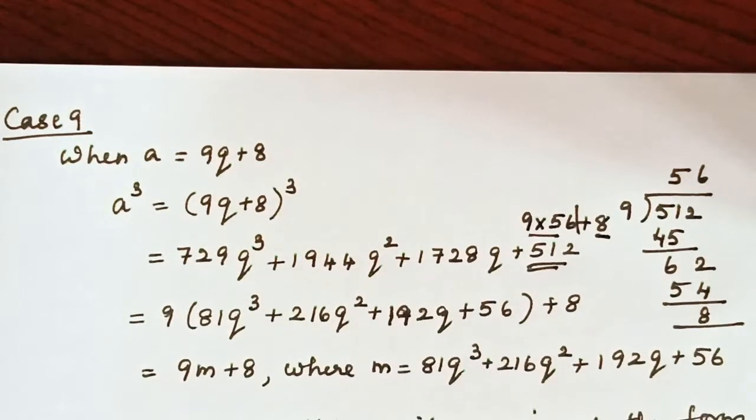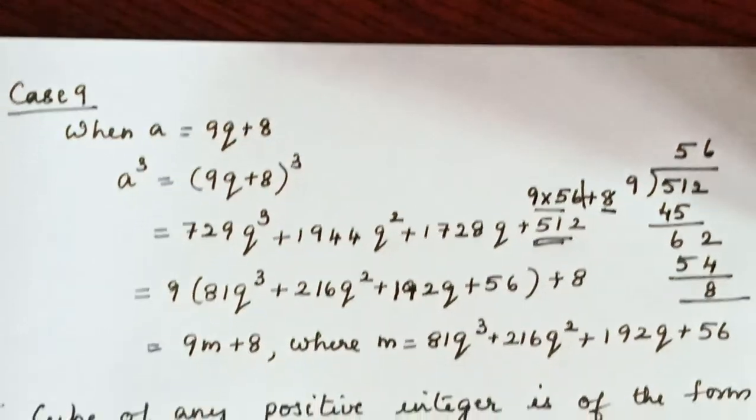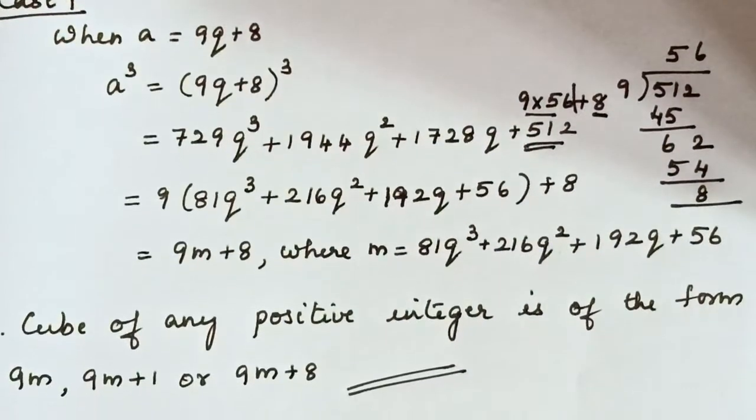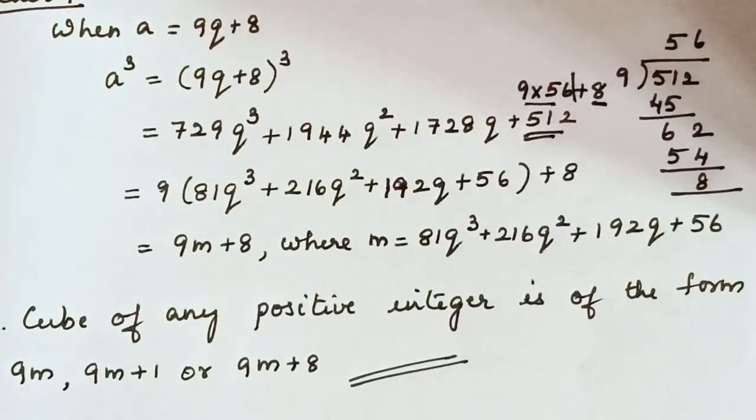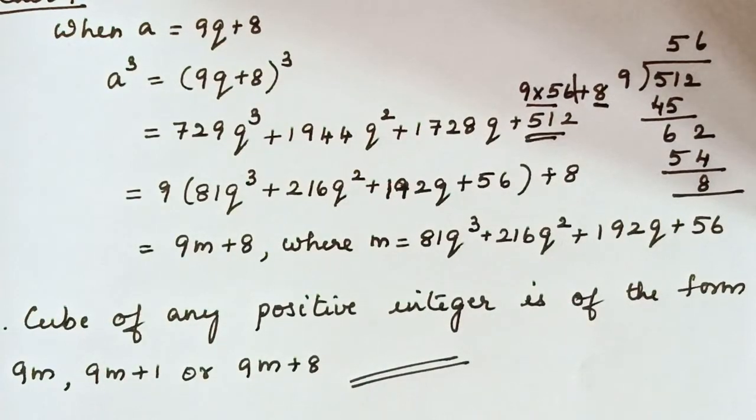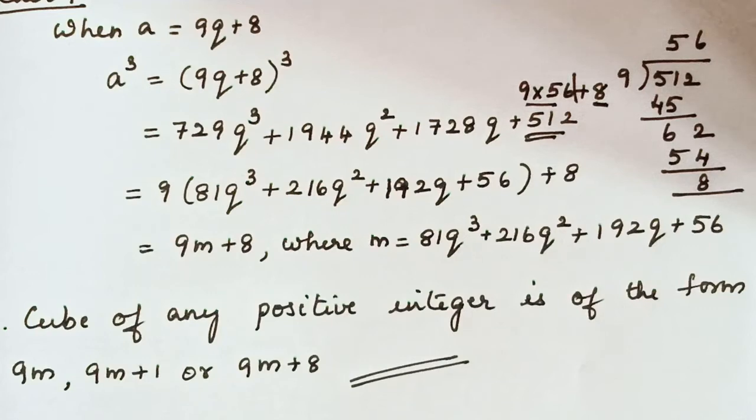So if you see, in all the 9 cases we saw, in all the cases it will be of the form 9m or 9m plus 1 or 9m plus 8. Therefore, the cube of any positive integer is of the form 9m or 9m plus 1 or 9m plus 8.